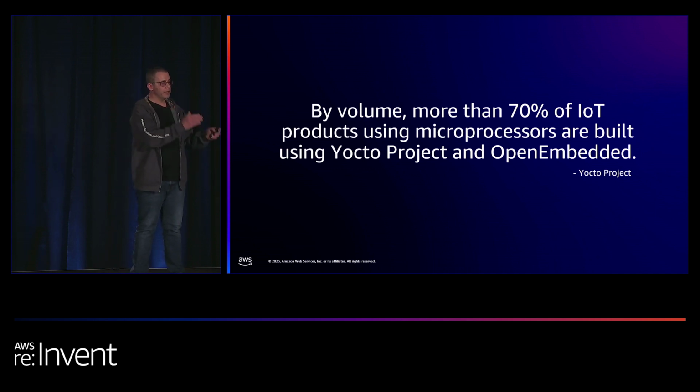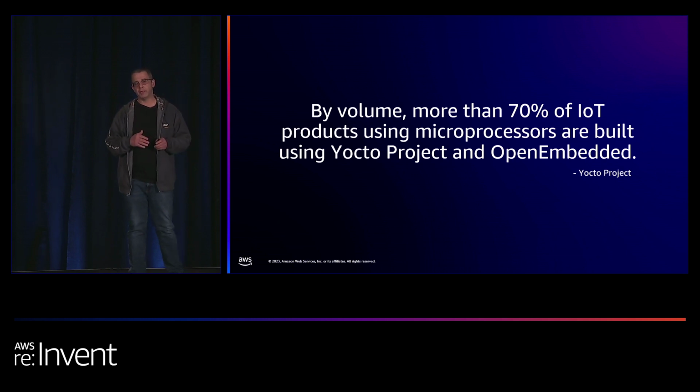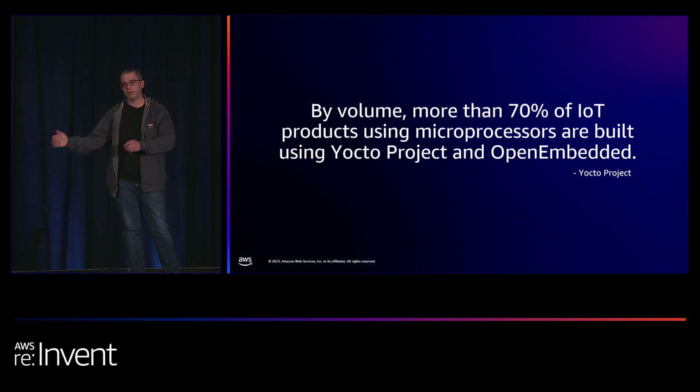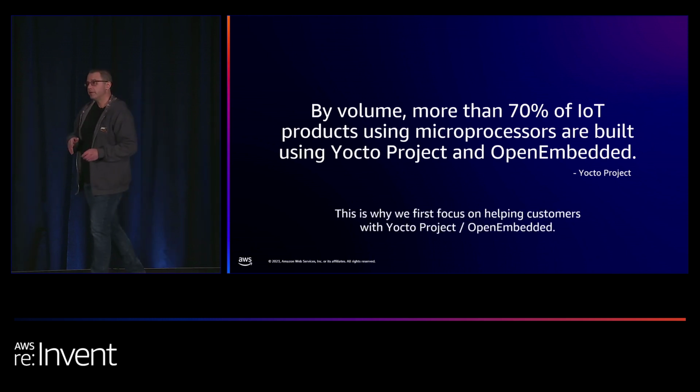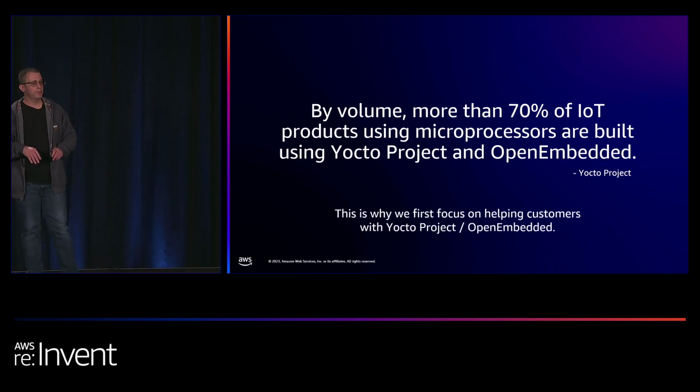So when we were looking at ways of optimizing processes for customers so they can build and deliver and run products on the AWS cloud, we needed to use Yocto project and OpenEmbedded first.